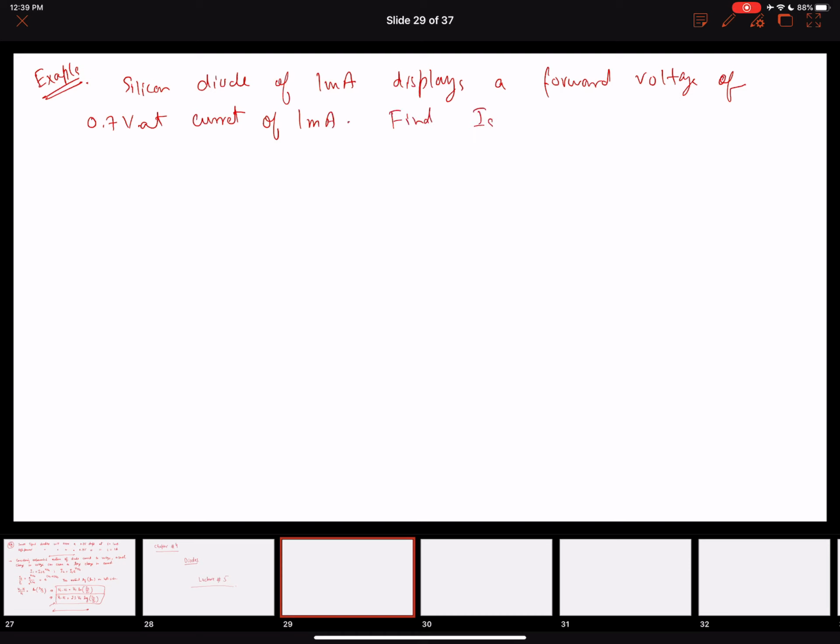We have to find the value of Is, the scaling current. So this is part A. So let's solve this.